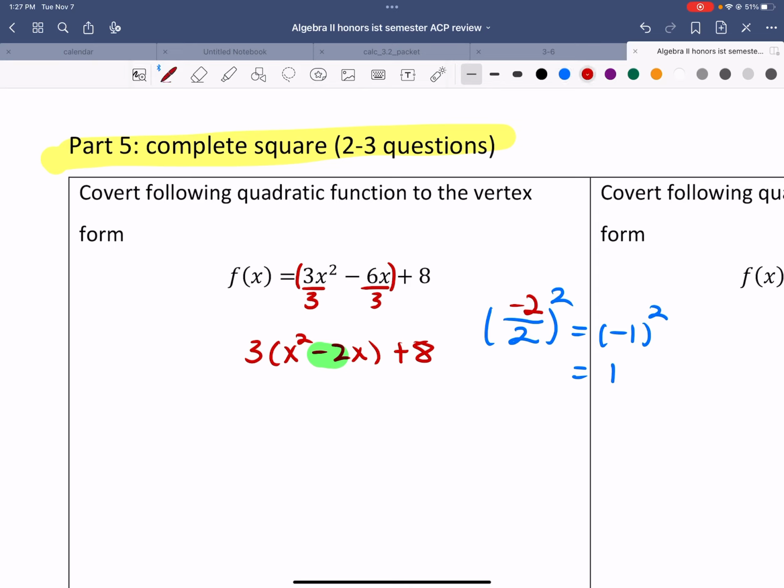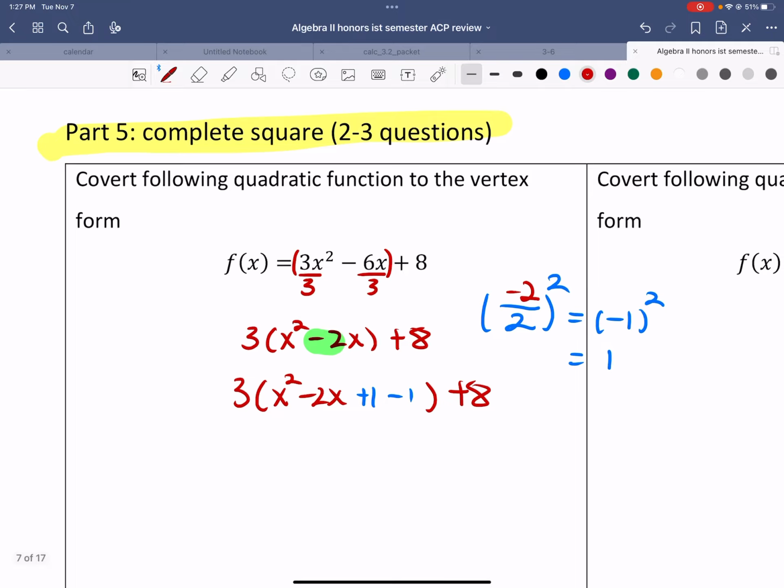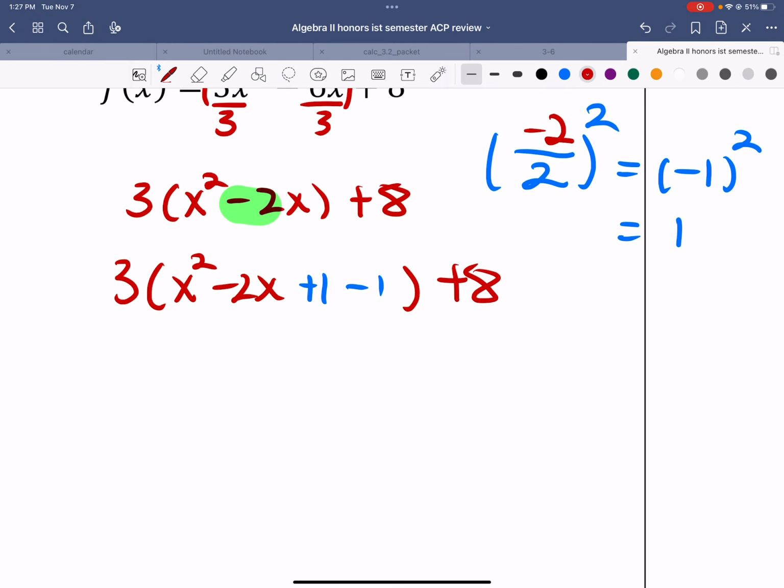So what I'm going to do with this number is write it down inside here. So plus 1 minus 1 plus 8, okay? After this, I always have to take out the negative 1, the negative number, outside of this parenthesis. And watch here.